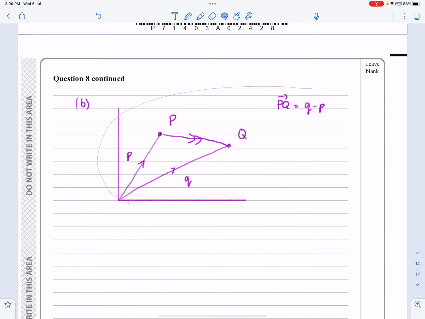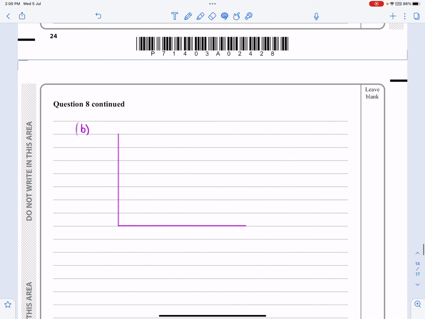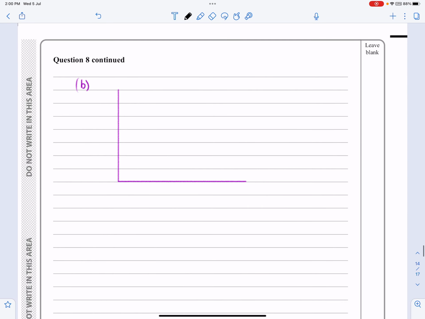So what that means is I've got to work out what q and p actually are. They said in the question, I'll change the colour just so that we can see where P is.